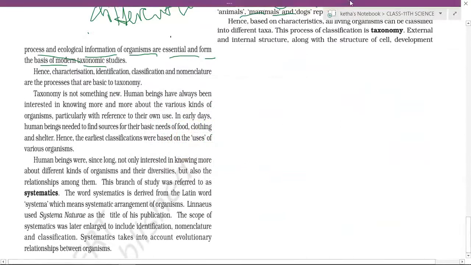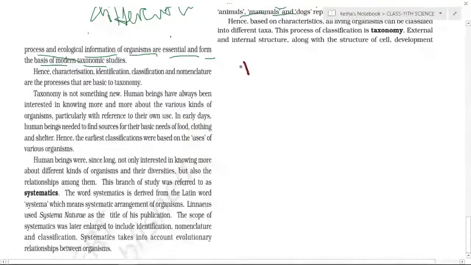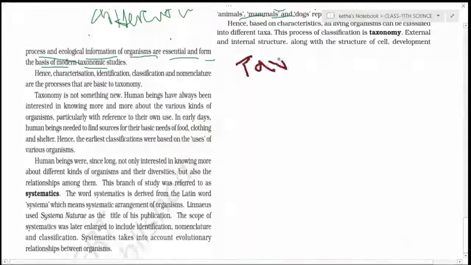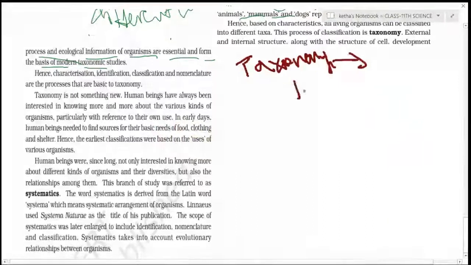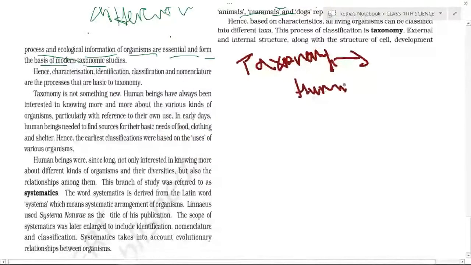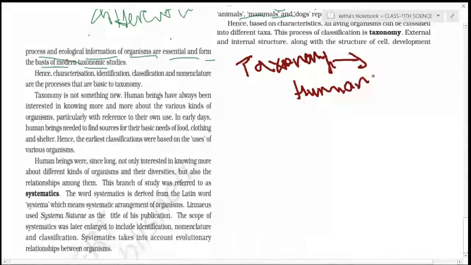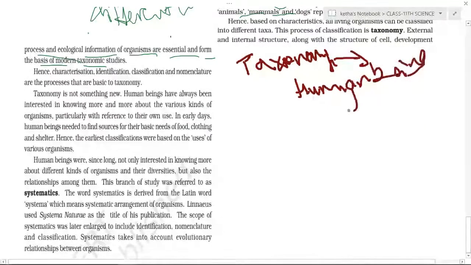Taxonomy is not something new. We know that human beings have always been interested in knowing more and more about the various kinds of organisms, particularly with reference to their own use.